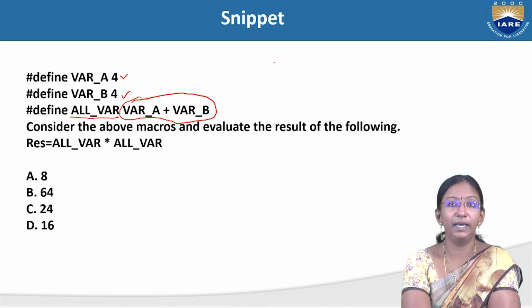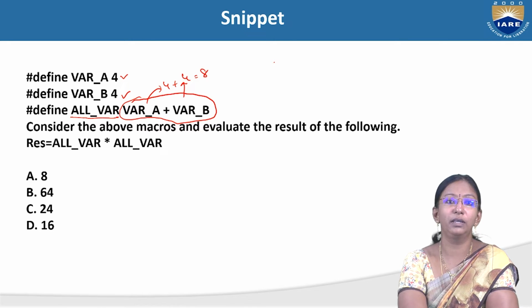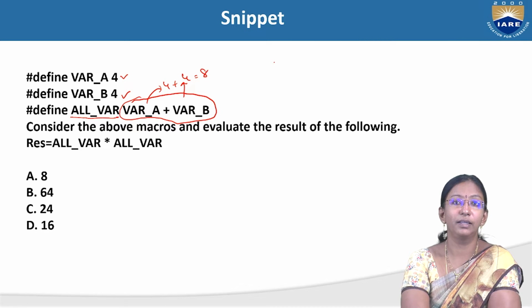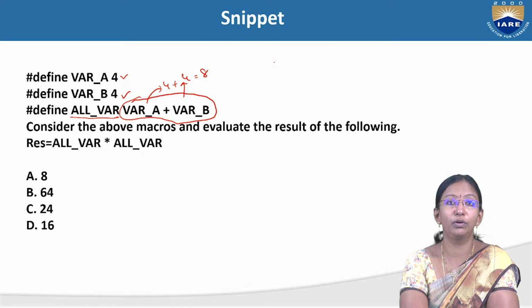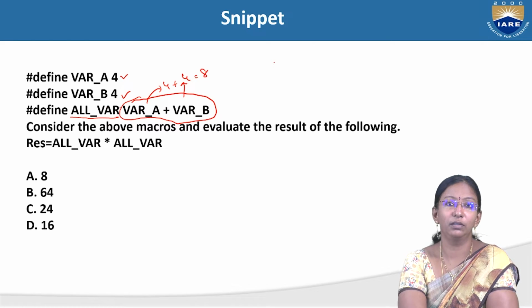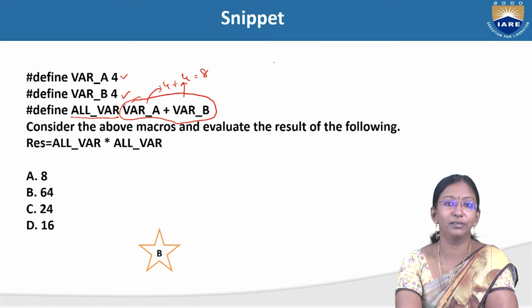Value of A is 4 plus value of B is 4, so 8. 8 is the global declaration of ALL. Okay, so what they're asking is, what will be the result of the above macros? What will be the result of ALL multiplied by ALL? The name of that variable, that's what I'm talking about. Okay, so 8 into 8. Obviously, 64 is the right answer.